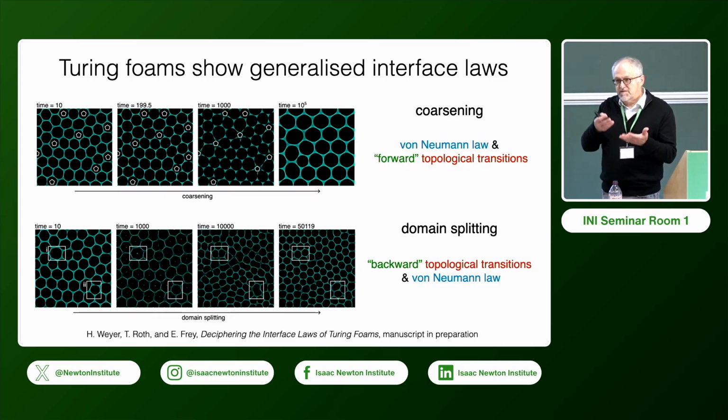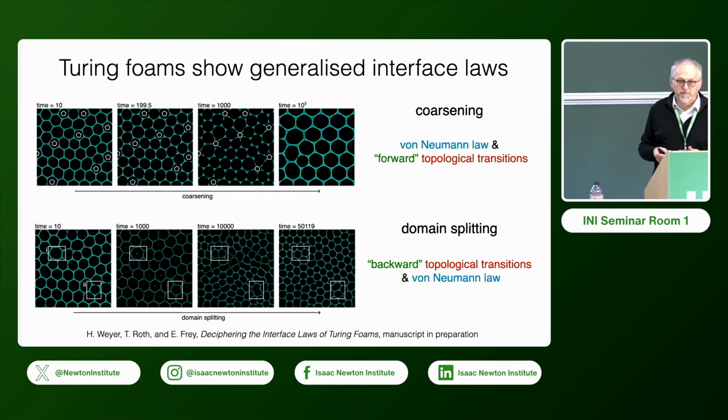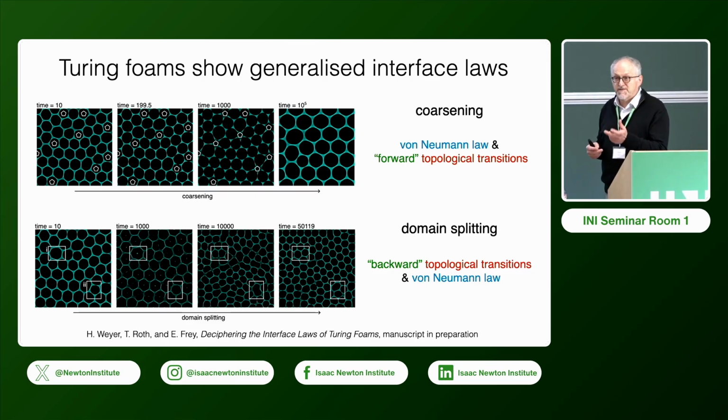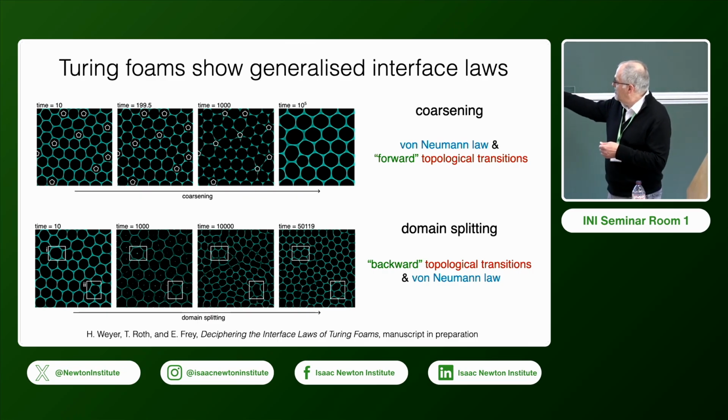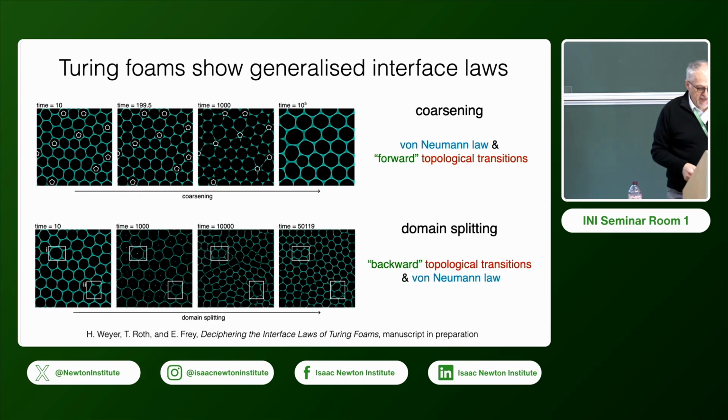If you choose the corresponding reactions properly, you can create positive surface tension, as I explained. But of course, you can also create negative surface tension. And then you're back to an instability of the interface, which could give rise to a phenomenon like so, where this interface here splits off and creates a new boundary.